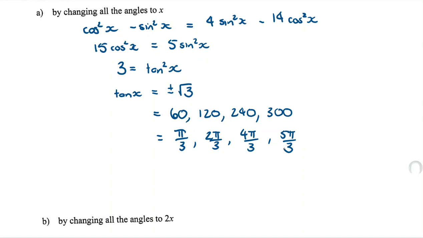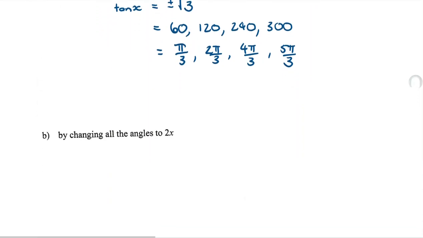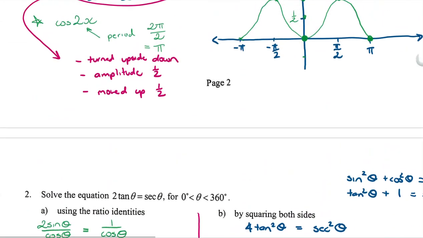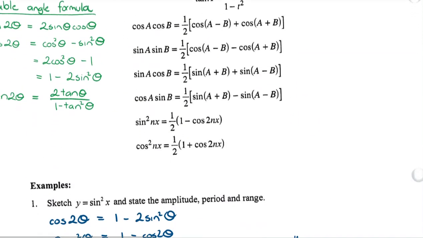Part B, same question, but different method. We're going to do it by changing them all into 2x's, change them all into double angles. So let's go back to the very front page. Back here, see these little rules here.